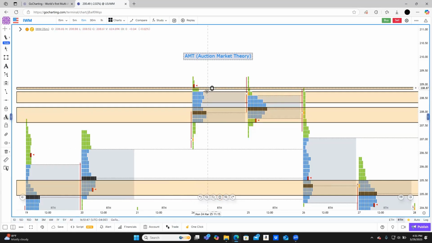So inside of that 70% of the entire day, we were able to find fair value in two different locations. Here, 208.75 roughly, down to 208.34. In between that there was a flat area, and then all of a sudden it curves again, 208.17, all the way down to 207.61.